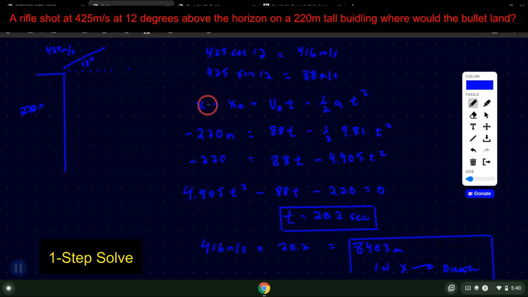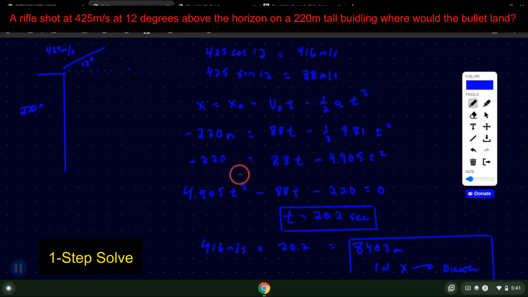So when you plug it all in, now this is the weird part. It's got to go 220 meters down past where you're starting, so it's got to be negative, okay? So it's minus 220 meters equals 88t. That's my original velocity with the time going up, minus what's working against it, which is gravity acceleration, negative 1/2 9.81 t squared. I'm using 9.81.